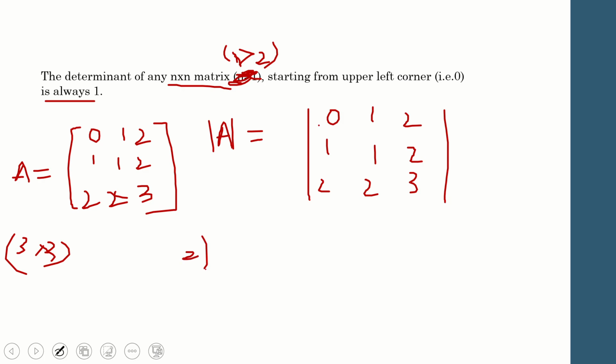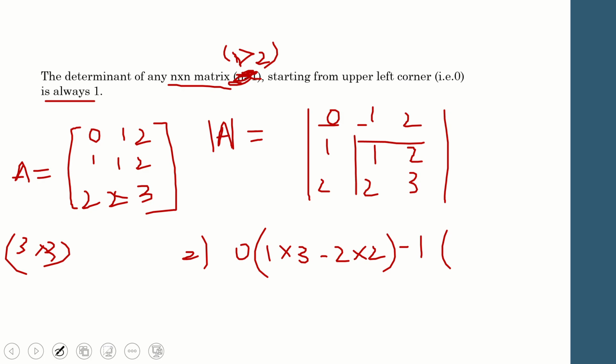First of all, taking this element, we will take this matrix. You see it is coming 1 into 3 minus 2 into 2, and then the symbol will change, minus 1.